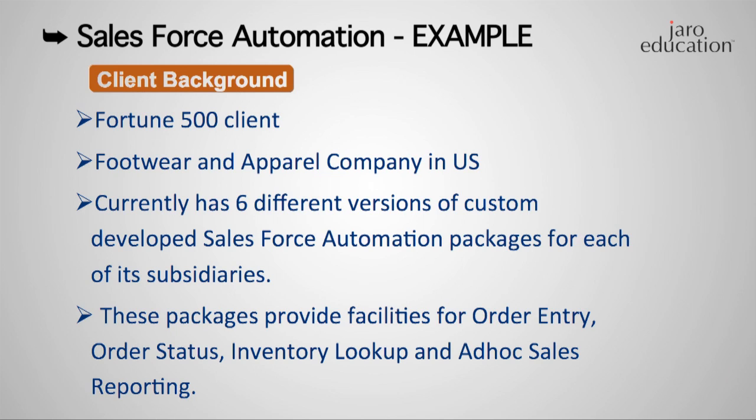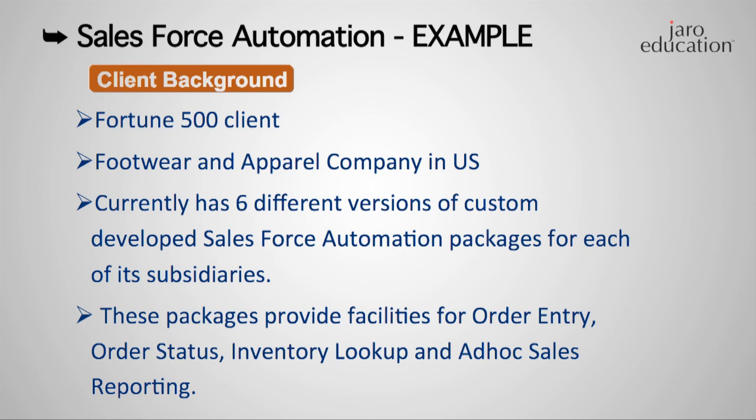Now coming to the example, as far as our Salesforce automation tool is concerned. We have taken the example of one Fortune 500 client, a footwear and apparel company in the US, which has 6 different versions of custom developed Salesforce automation packages for each of its subsidiaries. By subsidiary I mean footwear is one subsidiary, apparel is one subsidiary. So they have a different Salesforce automation tool for each of its subsidiaries.